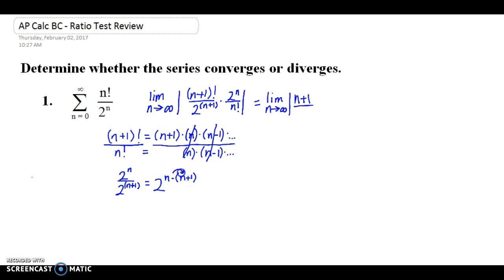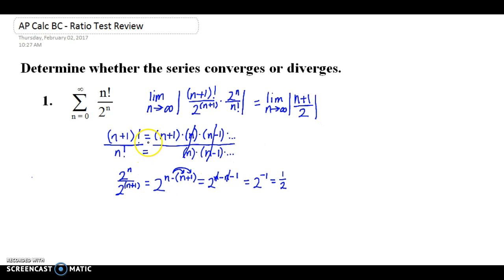Remembering to distribute that negative sign, this becomes 2 to the n minus n minus 1. So your n's cancel out, and you're left with just 2 to the negative 1 power, which becomes 1/2. That leaves us with just a 2 in the denominator here.